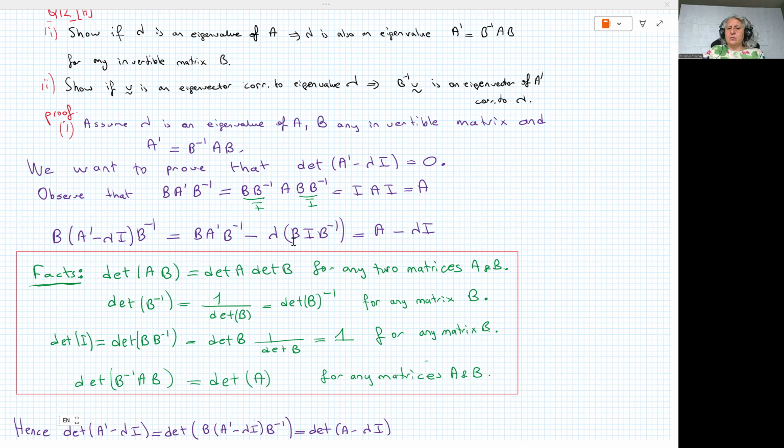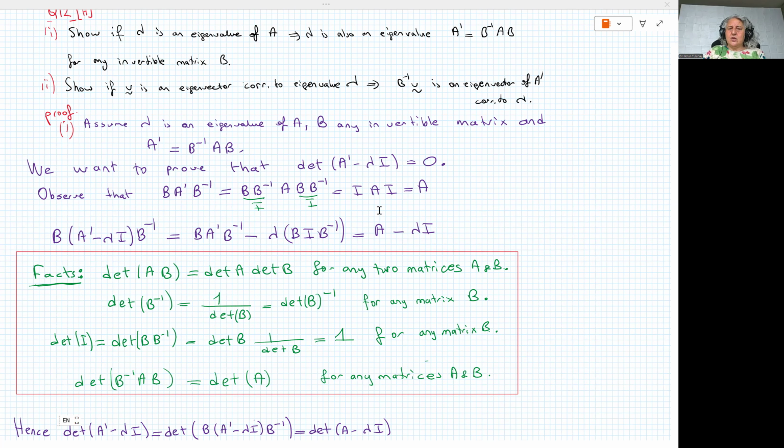Then we have B times the identity matrix times B inverse. Multiplying the identity matrix with any matrix gives that matrix, and B B inverse gives the identity matrix by the definition of an inverse. So this equality holds.